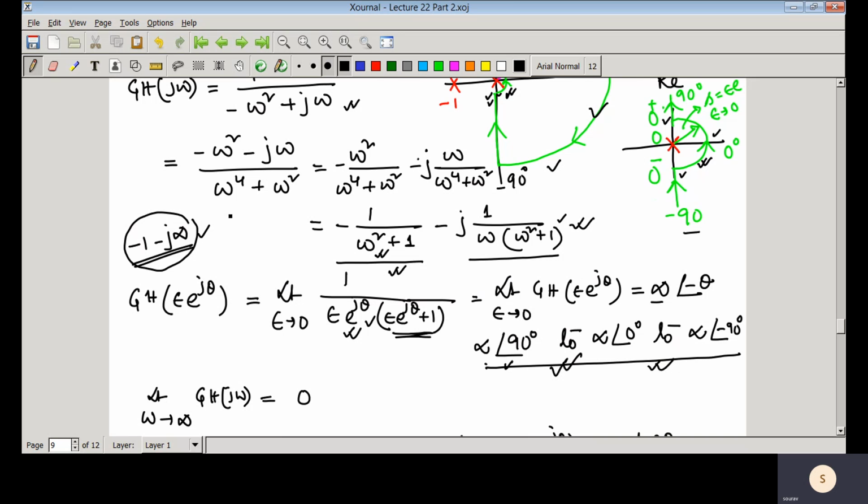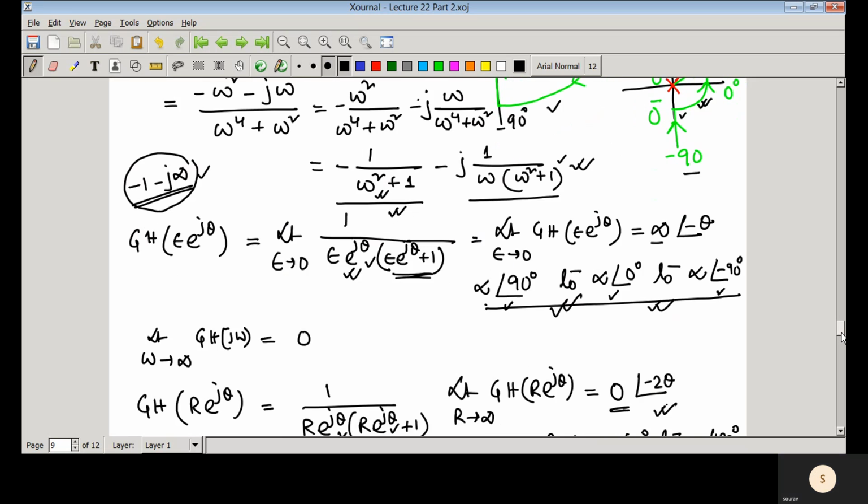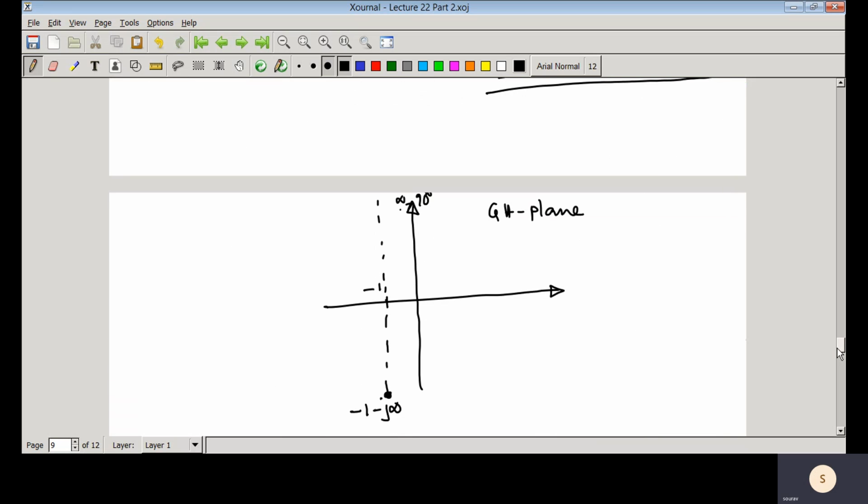So then you can see that infinity 90 degree to infinity 0 to infinity minus 90 degree. So infinity 0 is, that is equal to minus plus j infinity.